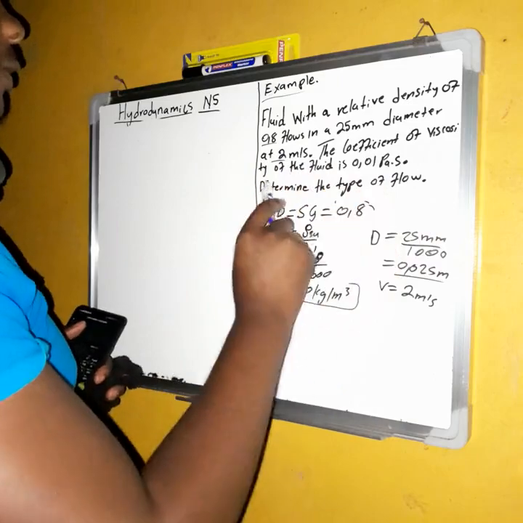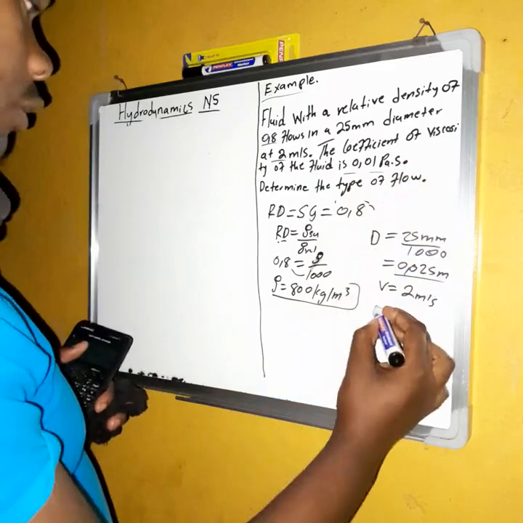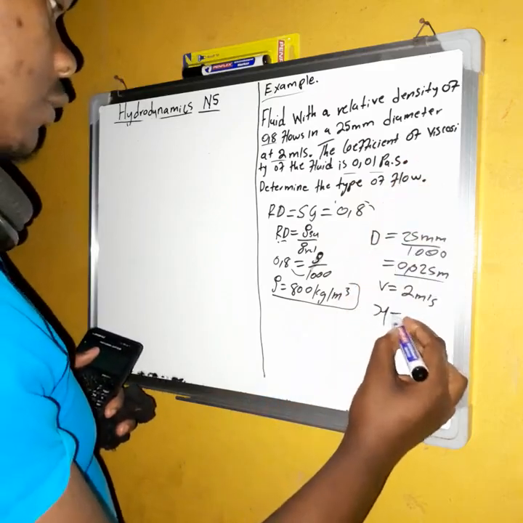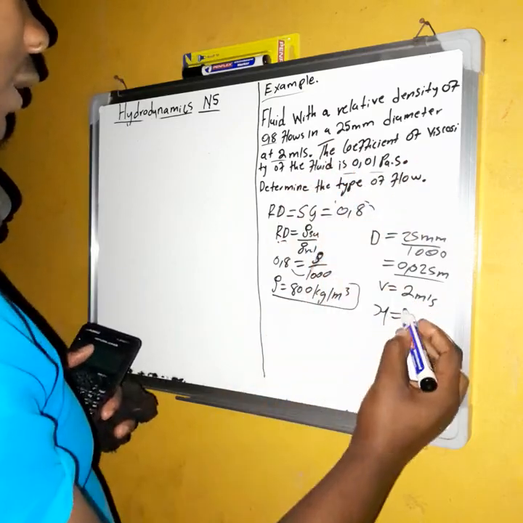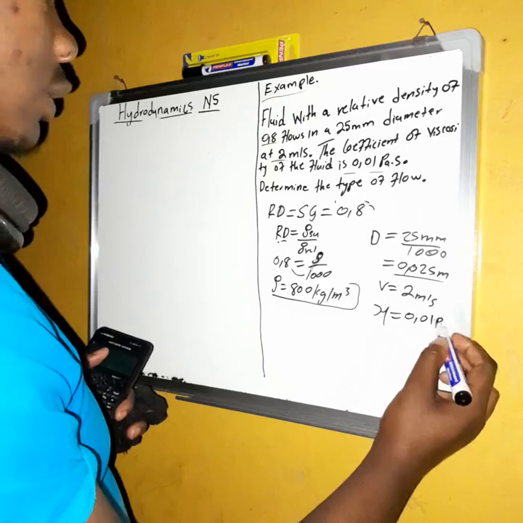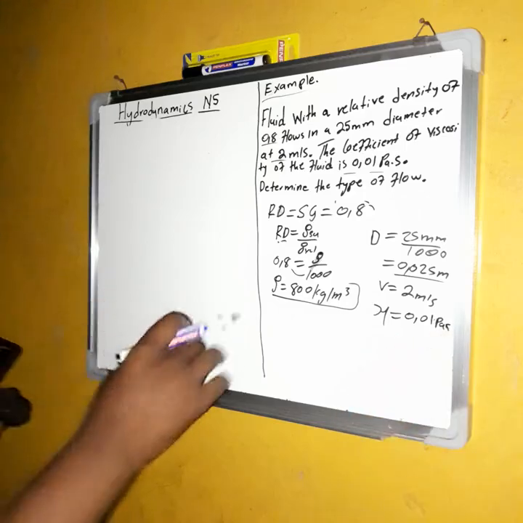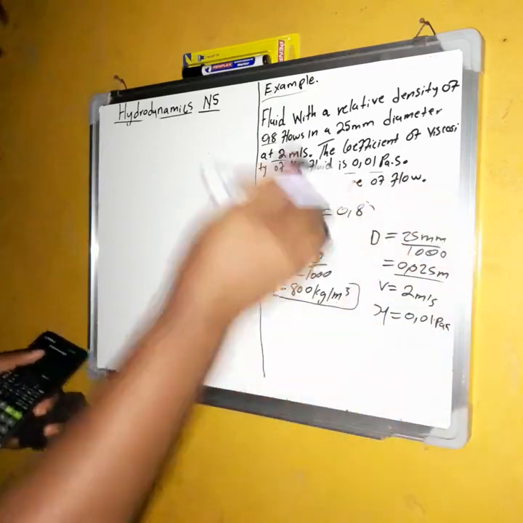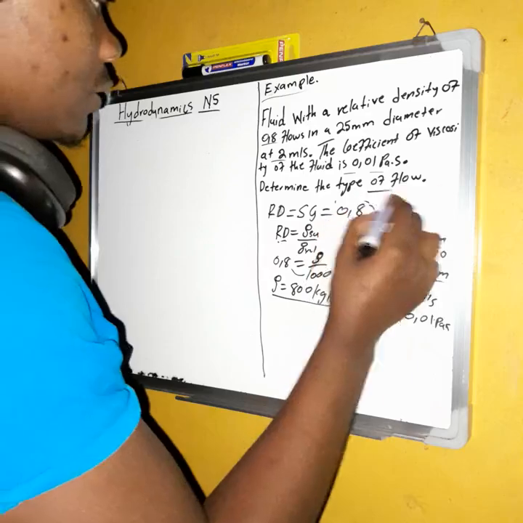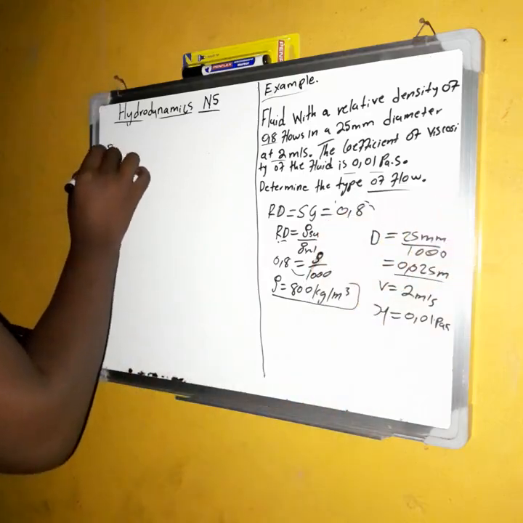The coefficient of viscosity of the fluid is given as 0.01 pascal-second. They said determine the type of flow. For us to determine the type of flow, we must find out the Reynolds number.